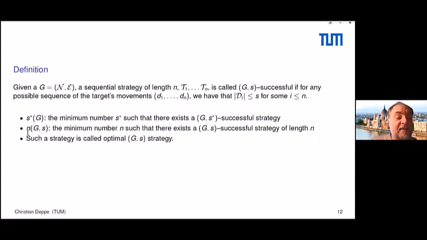Furthermore, by small n of G and S, we denote the minimum number of tests such that we have a GS successful strategy of length n. So n of G and S denotes the minimal number of questions or tests we have. And such a strategy we then call an optimal GS strategy.